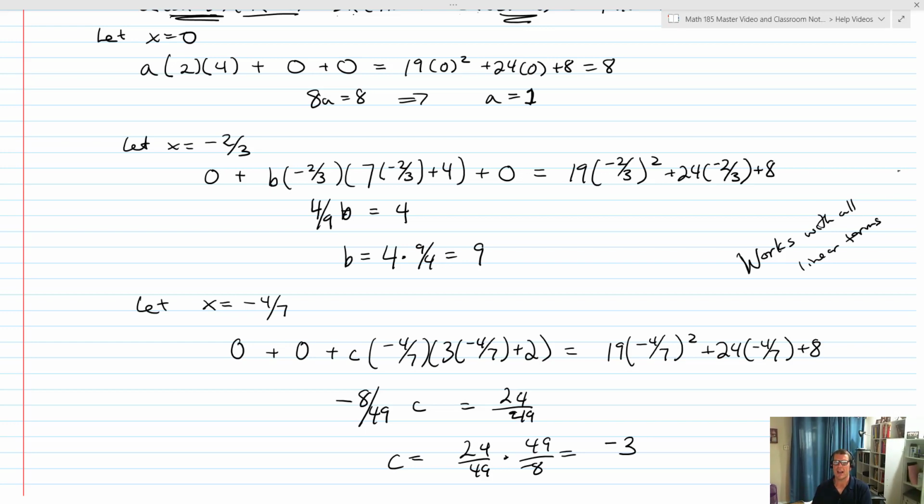You're just going to have to do some work, but you can also plug in those x values and do this same kind of thing. You're going to find it'll take a little bit more work. And I'll do a demonstration of something like that when I go in and do an example of a partial fraction decomposition that has a quadratic term.